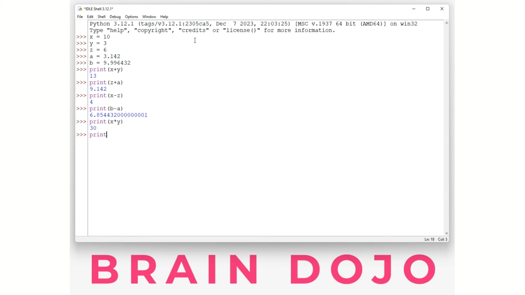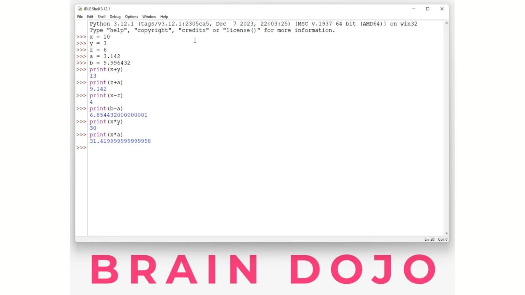The same way print, let's say z into a, again gives you the answer as a float or as a decimal number. Now you notice that these decimal numbers are quite long, and if you want a specific kind of a decimal number, we can figure that out as well. We can round it off, and I'll tell you how to do it.